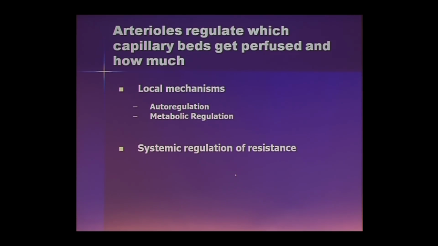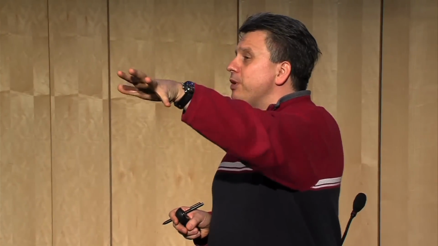Second kind of local regulation is this metabolic regulation. Metabolic regulation is found in every system of the body. What is metabolic regulation doing? So this is what we already mentioned. If particular capillaries are being inundated with carbon dioxide, your CO2 is actually a product of what? Of cellular respiration, meaning your cells are working hard.